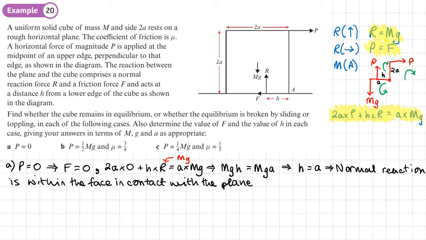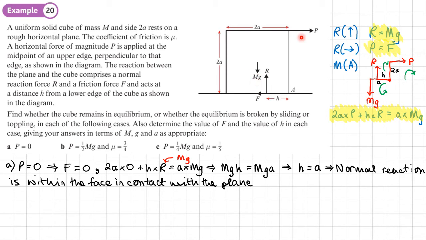Now what that means is that the normal reaction is within the face in contact with the plane. Actually, the normal reaction is at a distance of little a from this corner, so it's in line with the weight of the cube. So when the normal reaction is within these faces, not at one of the corners, it means it's either going to remain in equilibrium or slide.